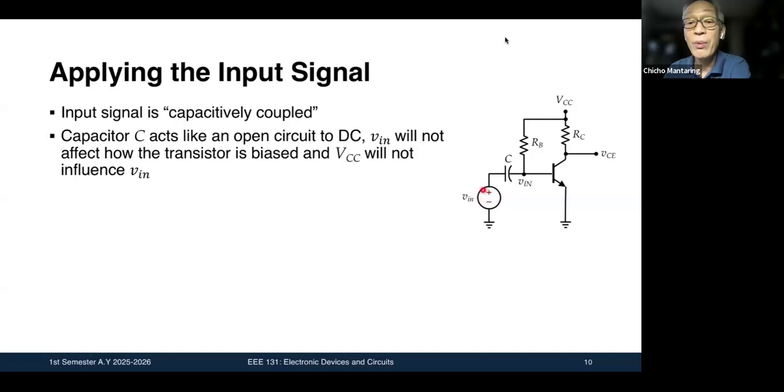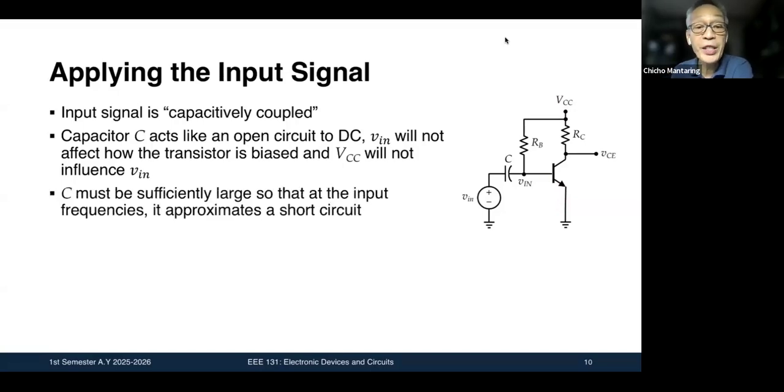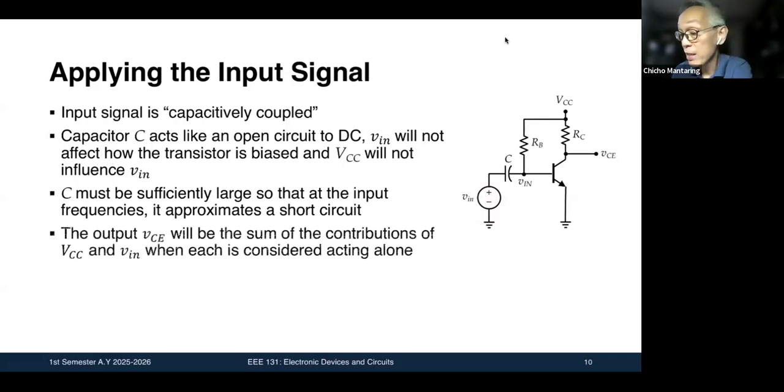So because of this capacitor, with respect to DC, Vin and VCC are disconnected. VCC will only establish the bias here. C must be sufficiently large so that at the input frequencies of Vin, it approximates a short circuit.